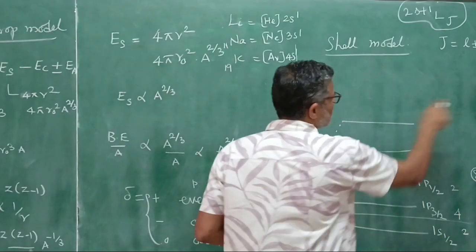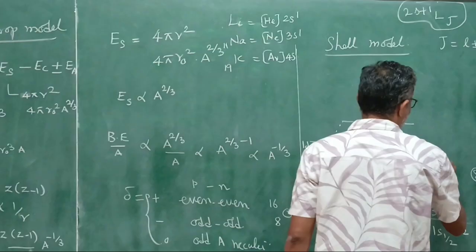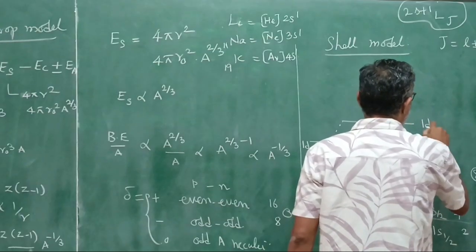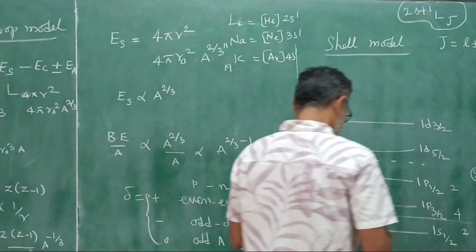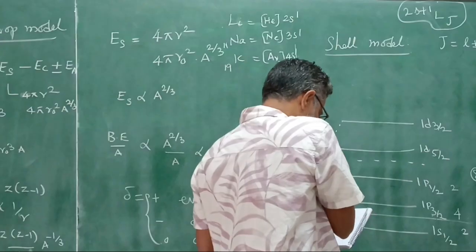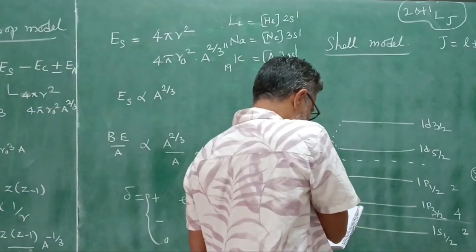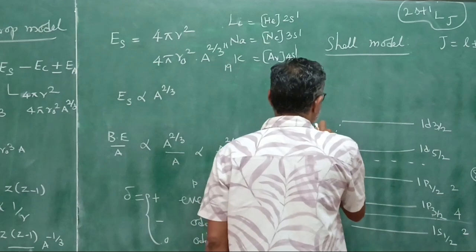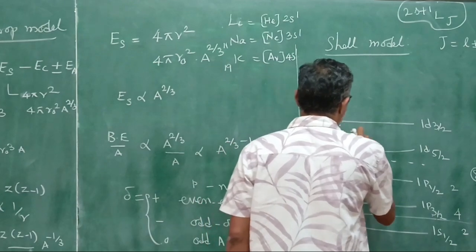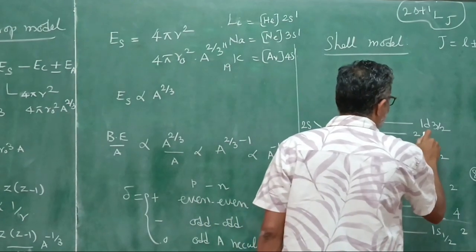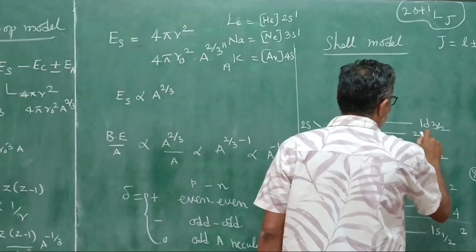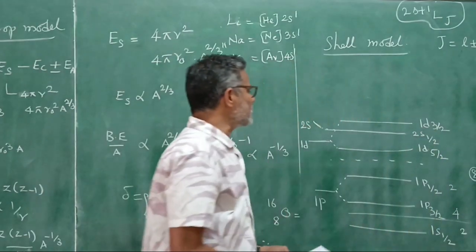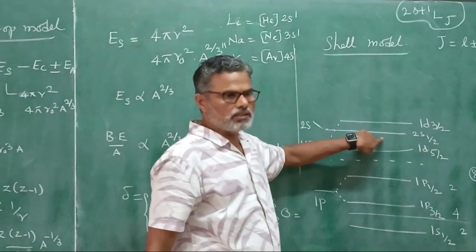When you have D, D is 2, so 2 plus half is 5 by 2, 1D 5 by 2, and 1D 3 by 2. And there is one more level, let's say 2s, which comes in the middle: 2s, 1 by 2. Because your 2s energy level is lower than 1D 3 by 2.